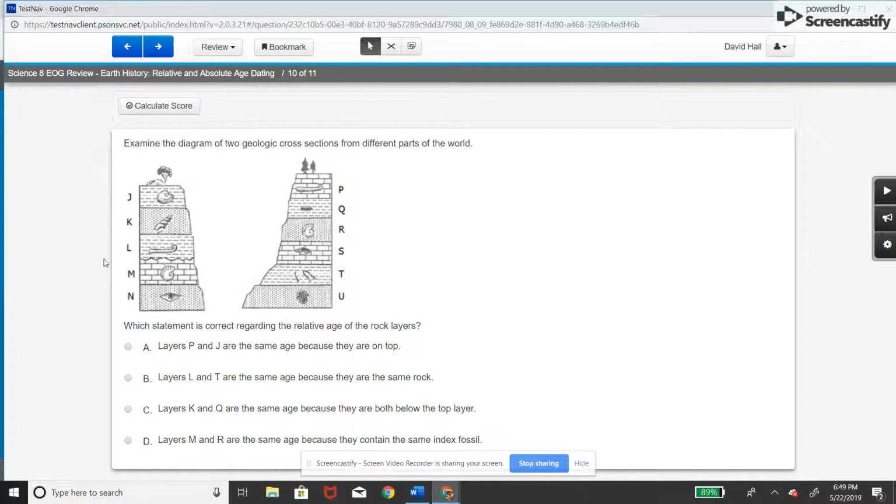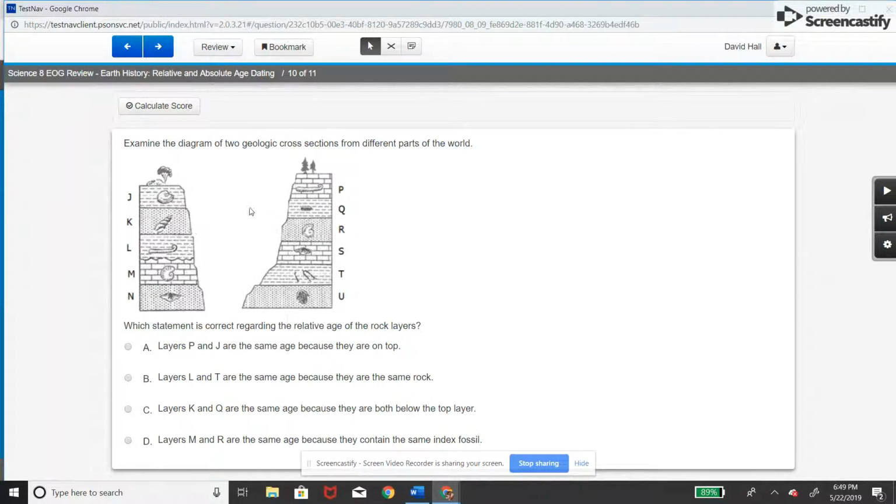Same in the diagram, the two geologic cross sections for different parts of the world. P and J are the same age because they're on top? That doesn't make any sense. No, two different layers. Layers L and T are the same because they're the same rock? L, T. Not the same rock. There's a Hickam-Doo there, and there's some weird squiggly thing over here. L and P, yeah, no. K and Q the same age because they're both in the top layer?